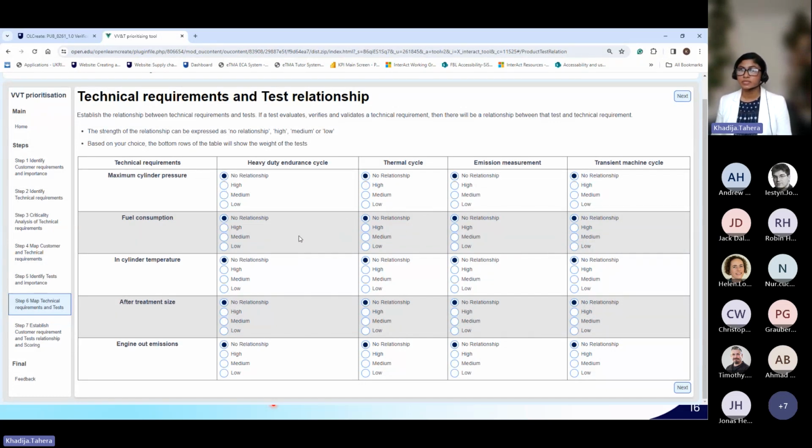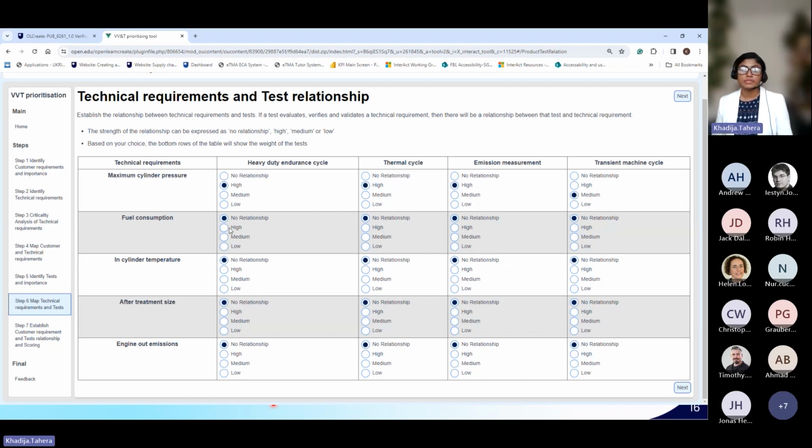Again, I am just populating the values I have. So what I have got here is for maximum cylinder pressure, all of these tests looked very high importance.